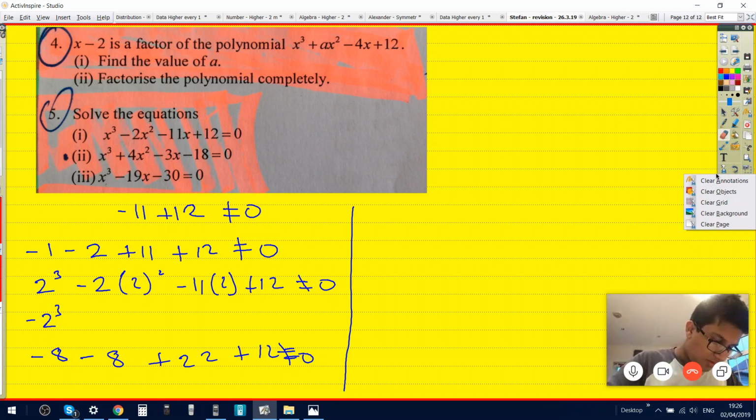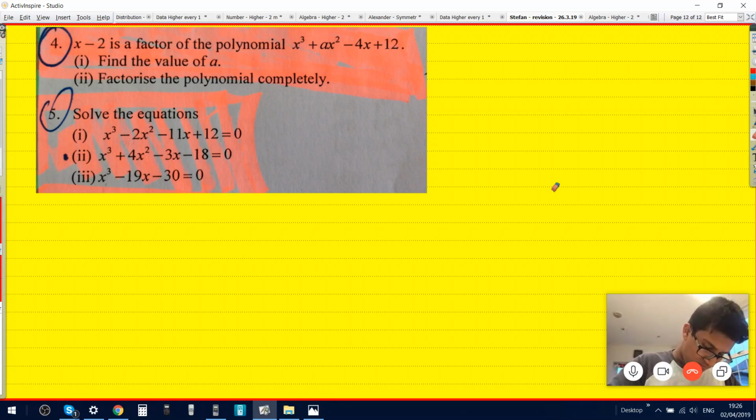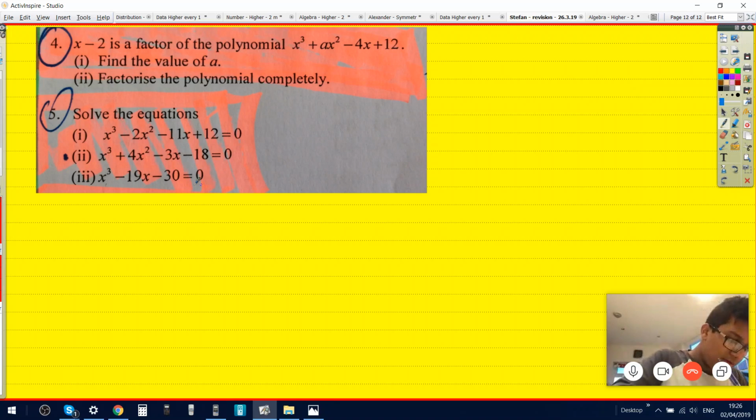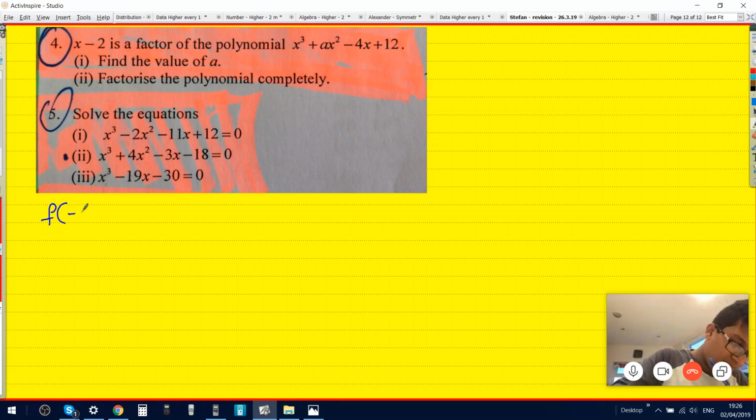And that gives you minus 12. Yep, so minus 3 works for this, f of minus 3. Therefore, we can say that x plus 3 is a factor.